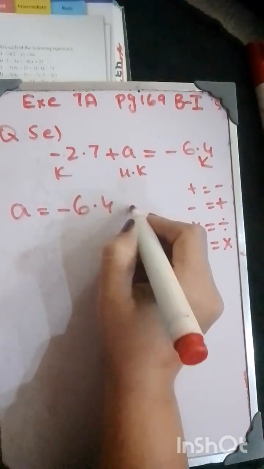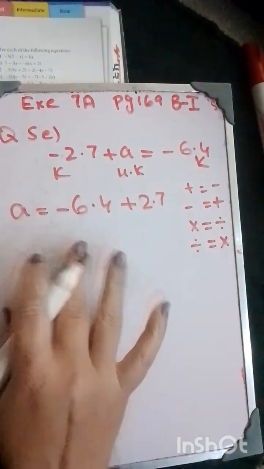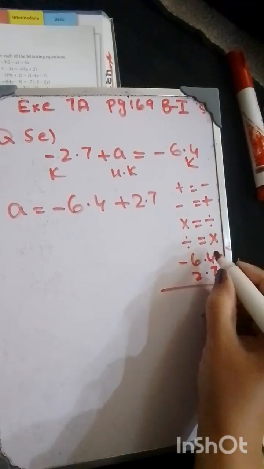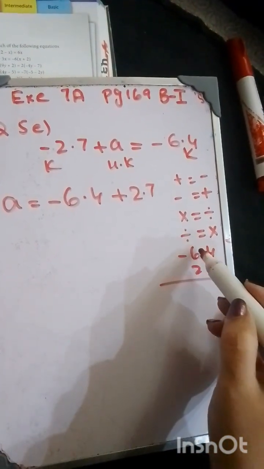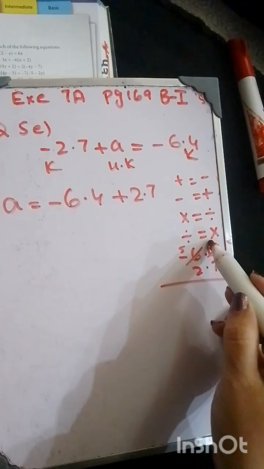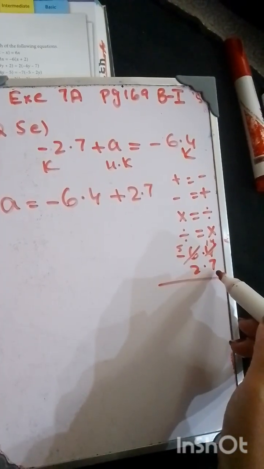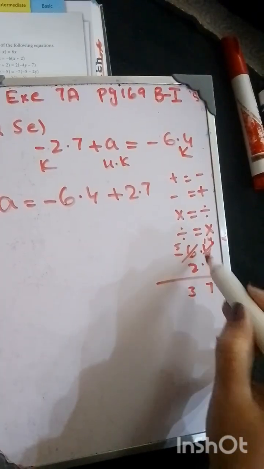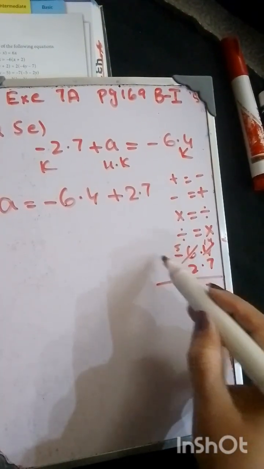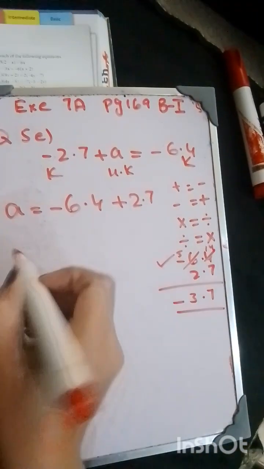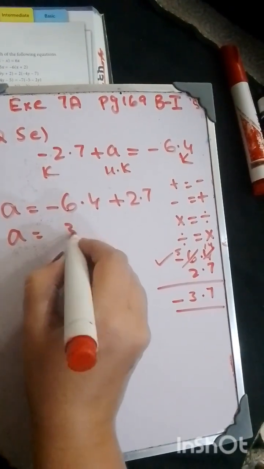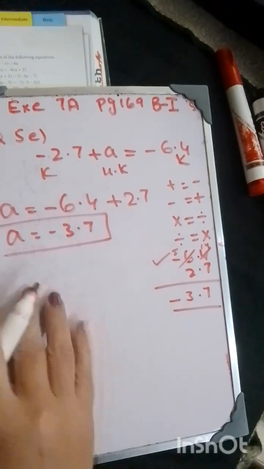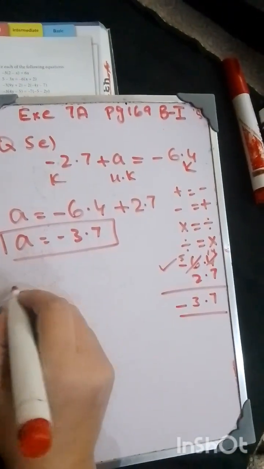Now for the evaluation, negative 6.44 will remain the same, and that was negative, so it will become positive. Alignment should be in high consideration. 2.7 negative and positive, so it will take the sign of the greater number. Alternate signs always give you negative, so we have done the operation as negative but with the sign of the greater number, so we got 3.7 as the value of A.